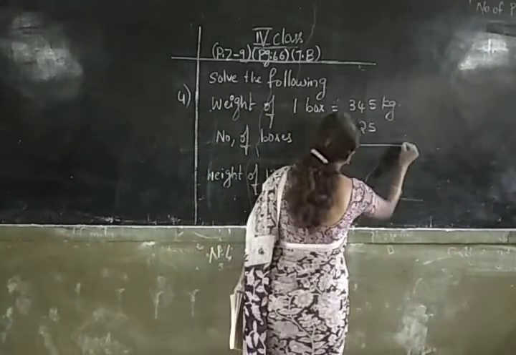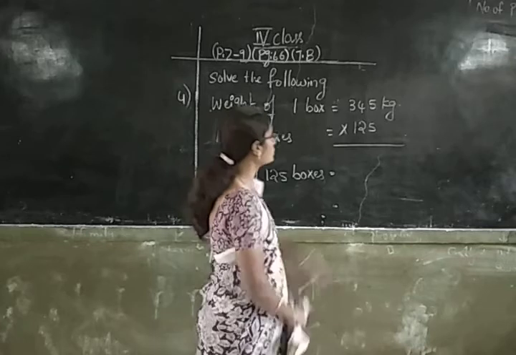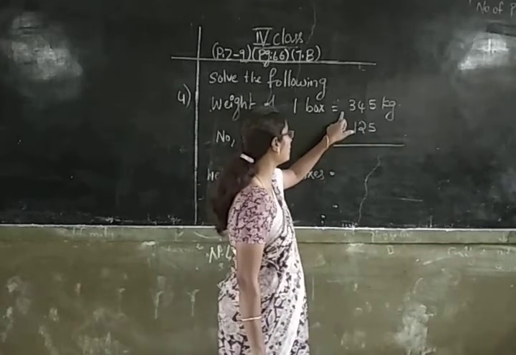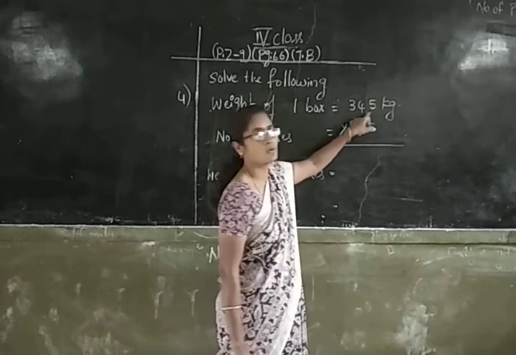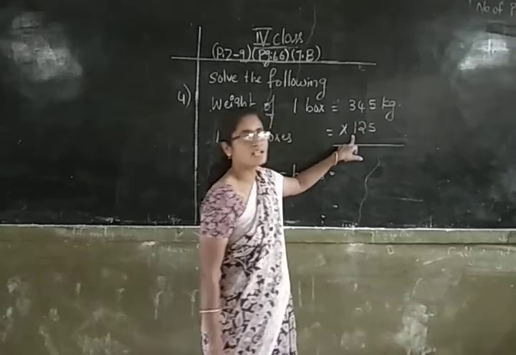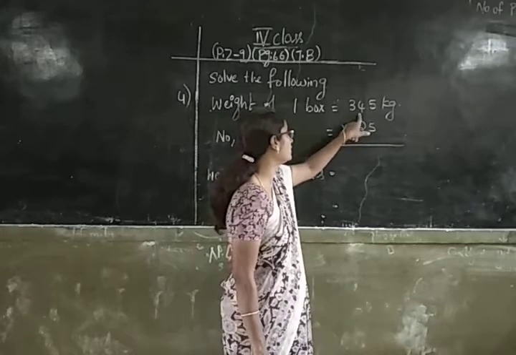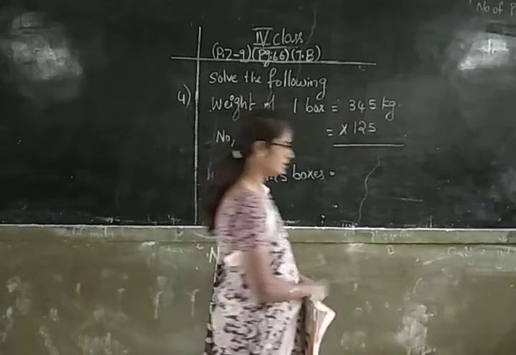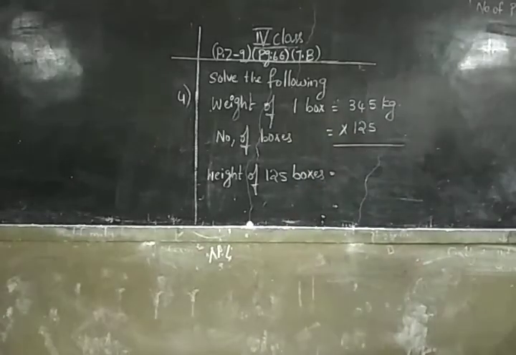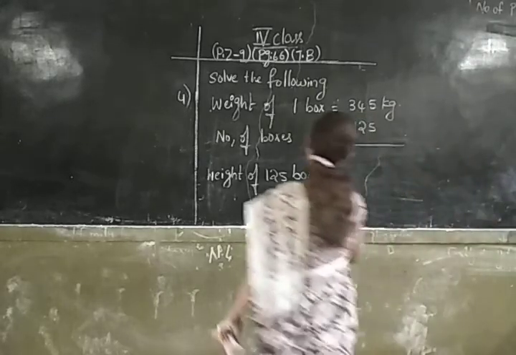So let us do the multiplication. First we have to multiply the whole number with 5. Then we have to multiply the whole number with 2. And in the last we have to multiply the whole number with 1. And then we have to add the 3 products.